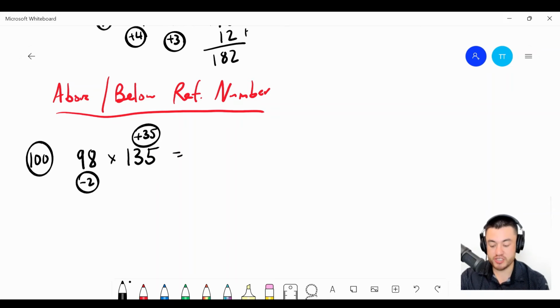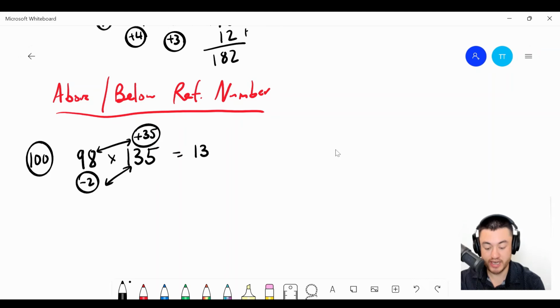All right, so we're going to do the same thing. We're going to now either do 98 plus 35, so still kind of diagonally, 98 plus 35 or 135 minus 2, that would be probably the easier way. Either way, we'll end up with 133. And again, multiply by the reference number 100, so we just add 2 zeros when we multiply by 100.